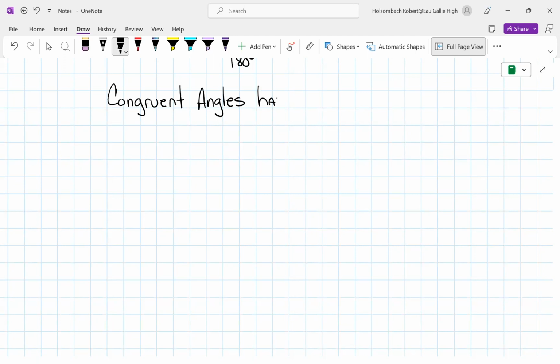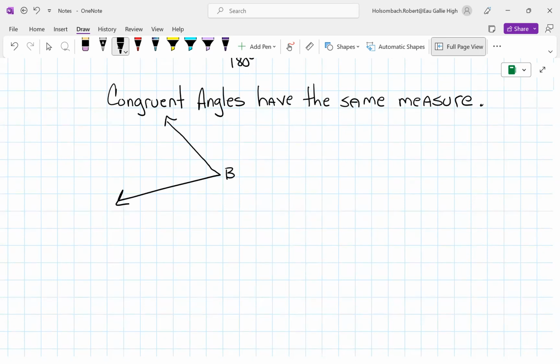Congruent angles have the same measure. If we have an angle here, angle B, and then another angle, angle C.